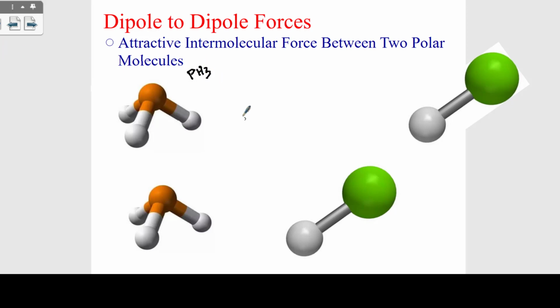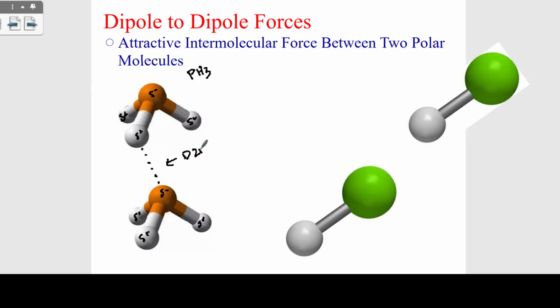You can see phosphorus is not as electronegative as nitrogen, which means it's going to be slightly negative, and so we have a slightly positive, and slightly positive. Just not as positive and negative as we had with the NH3. And you can see this forms an attraction. It's a weaker attraction.